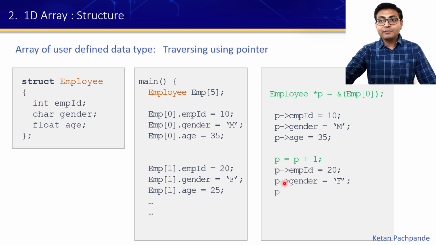Now again with the help of this p, you can say p arrow employeeID is equal to 20. So this statement is like employee[1].employeeID equal to 20. You can access it with the help of the name of the array, or with the help of a pointer itself.